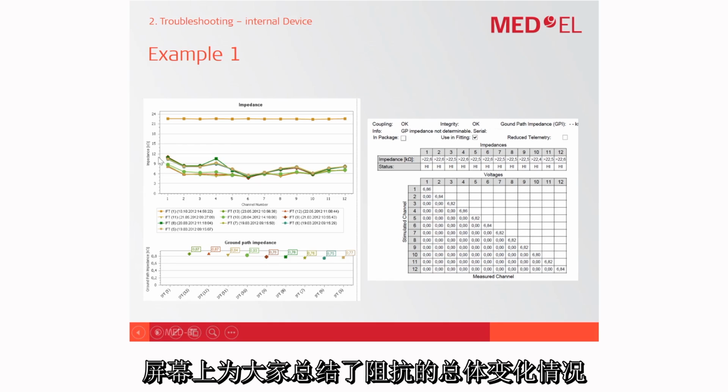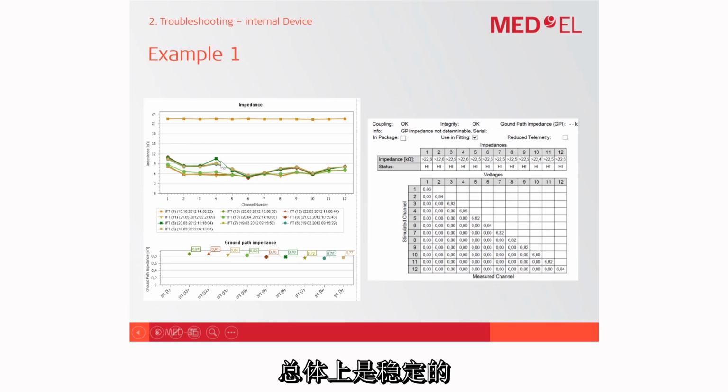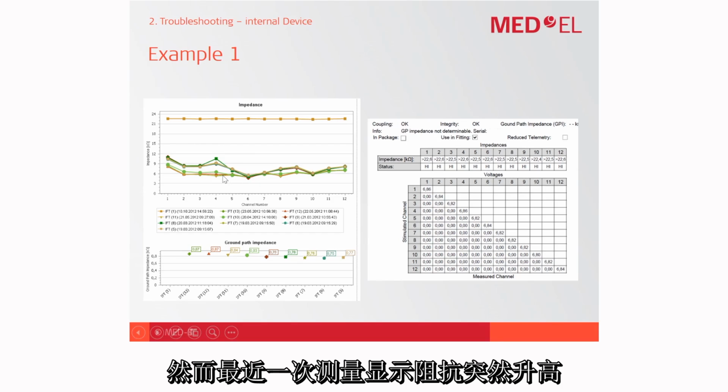So you can see the summary here in this screen. And in the past, we can see that the impedances were more or less stable. And then all of a sudden, the latest impedance measurement returns a high status.